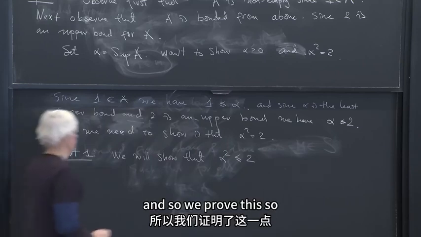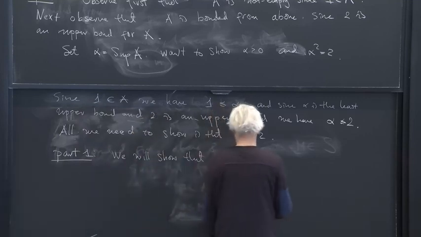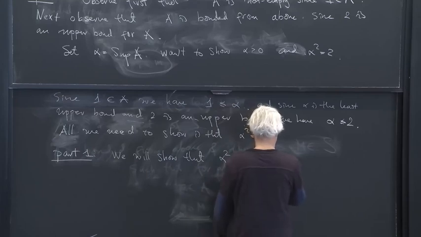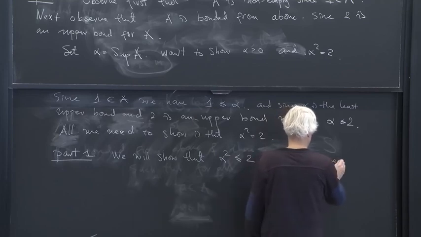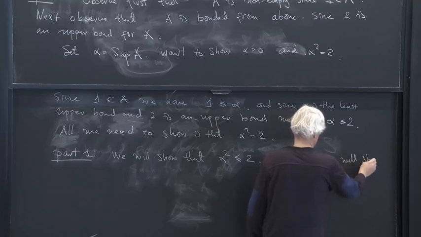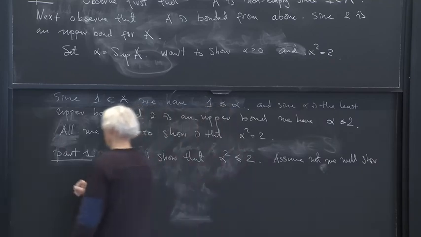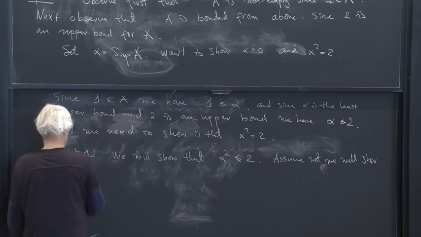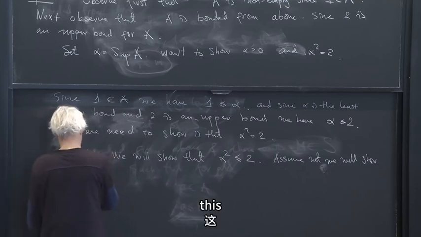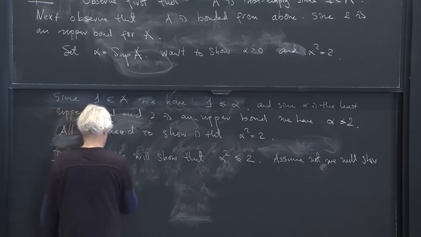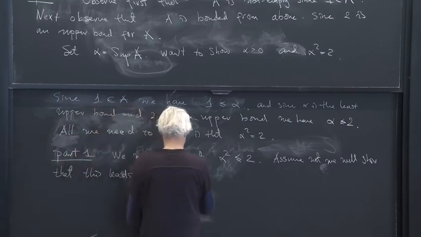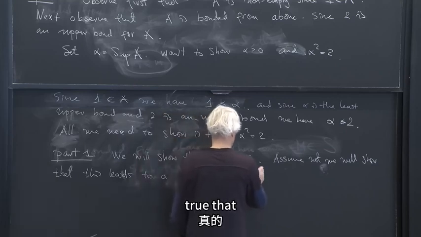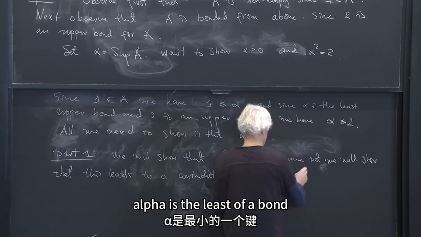And so we prove this, so assume not. We will show that this leads to a contradiction to alpha being the least upper bound.